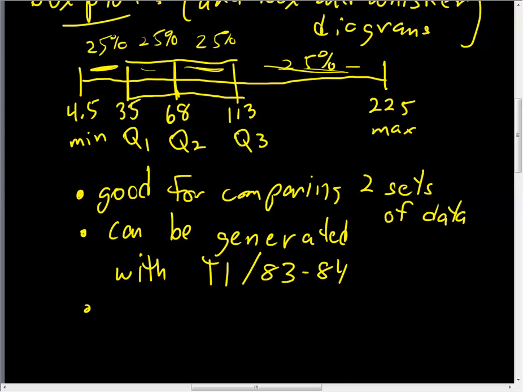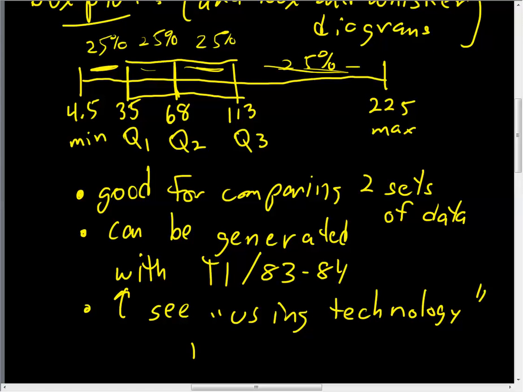All right. To figure out how to do this, I'm going to ask you to see the Using Technology gray box in our text on page, you see what page it's on, page 125.